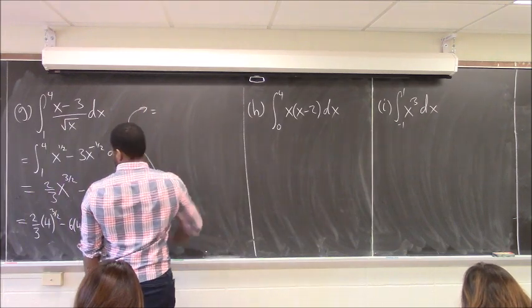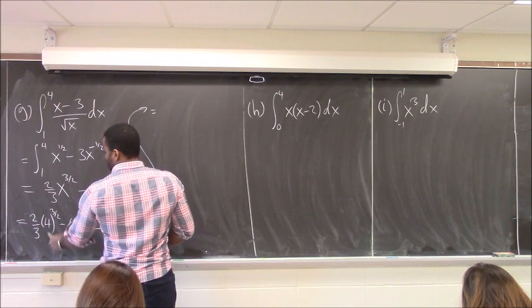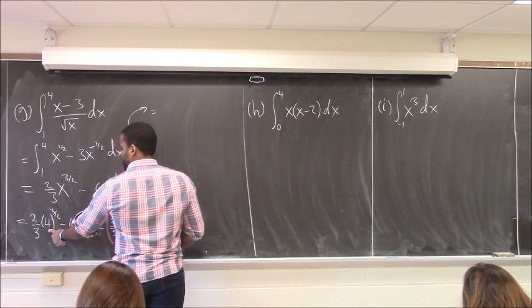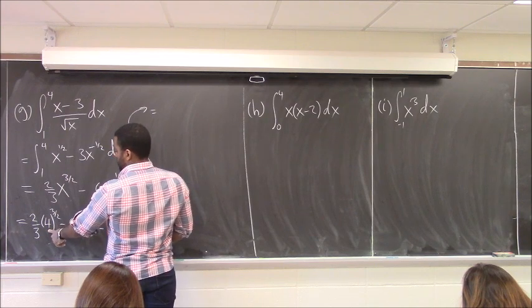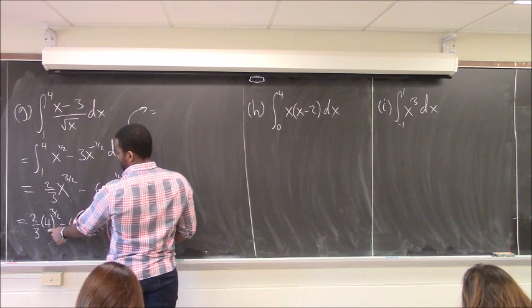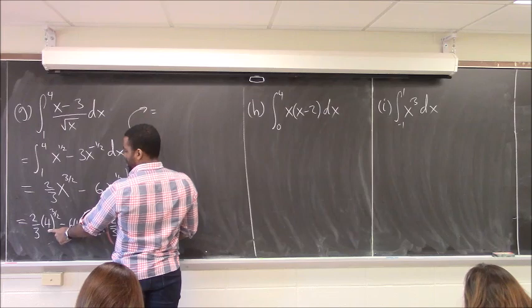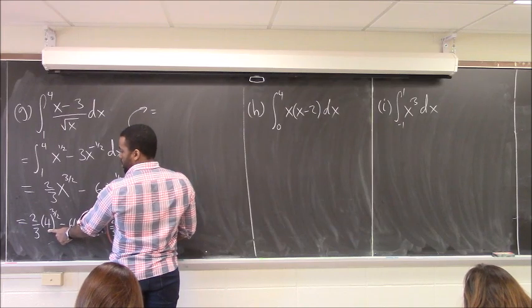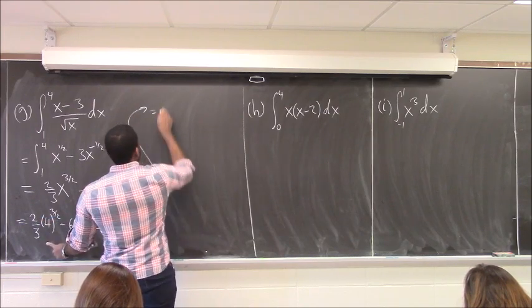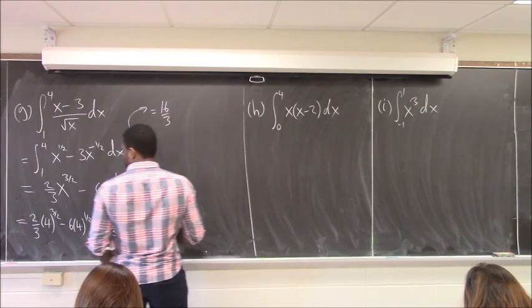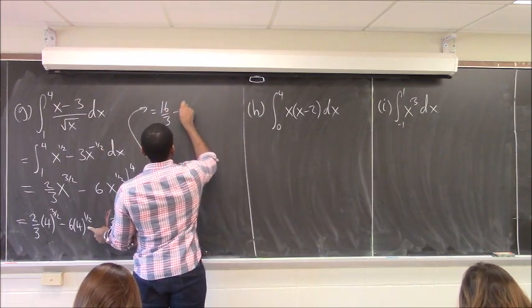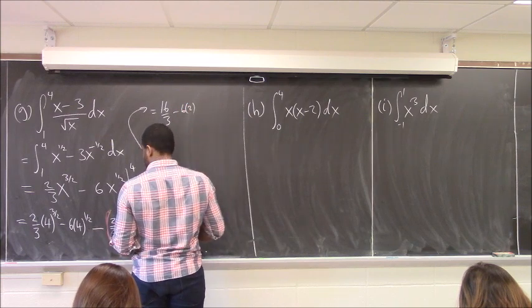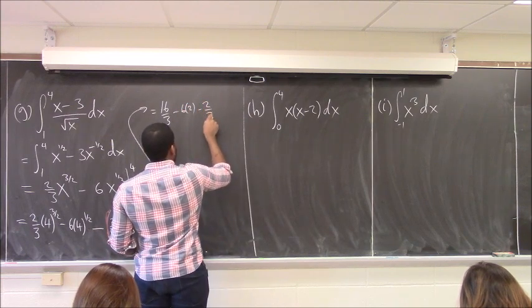So ultimately, this gives me, well, what's 4 to the 3 halves? 4 to the 3 halves is 8. Right? Because you square root the 4, then you cube it, you get 8 times 2, you get 16. So that's 16 over 3. 4 to the 1 half is 2. 6 times 2, here this will be minus 2/3.